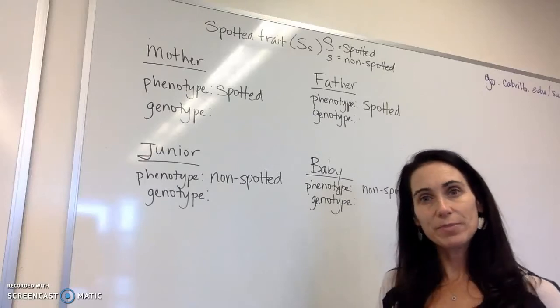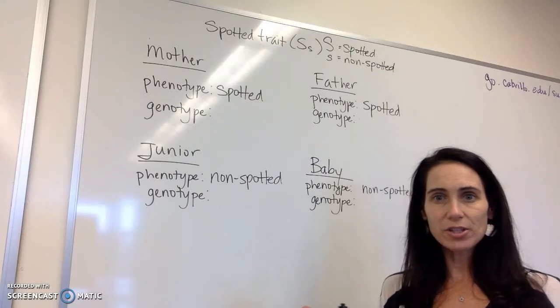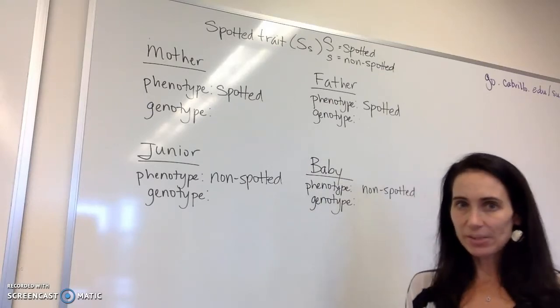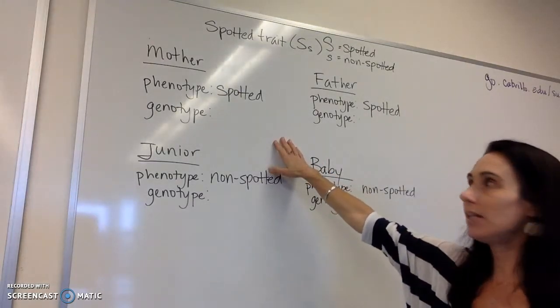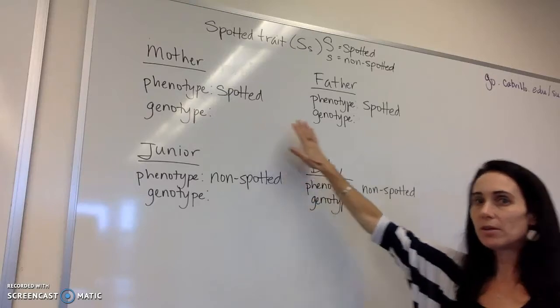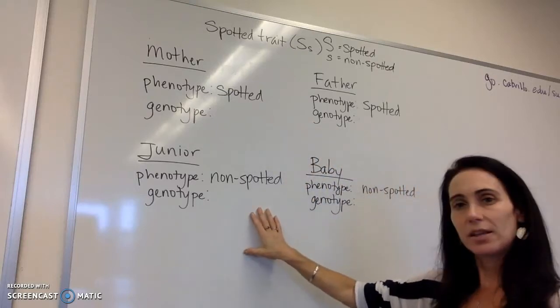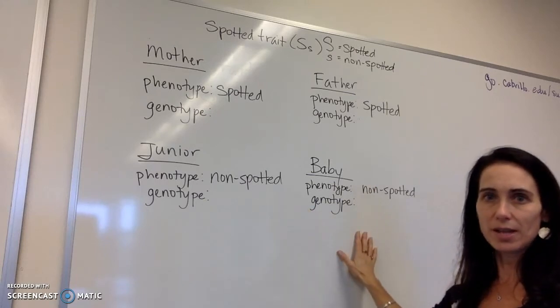Okay, now in family B, you'll notice there are some differences in the parental generation and in the offspring from family A. So I went ahead and wrote the phenotypes up there. In this family, we've got a spotted mother and a spotted father, but we've got Junior, who is non-spotted, and Baby, who is non-spotted.